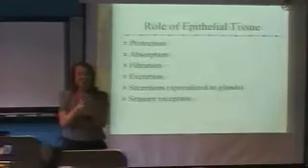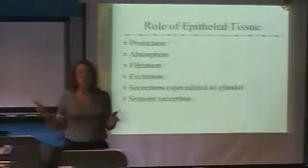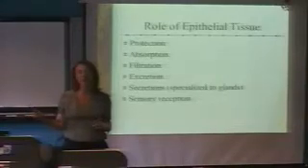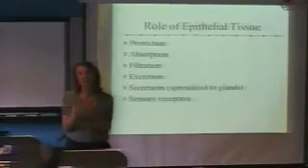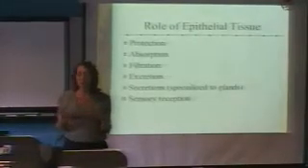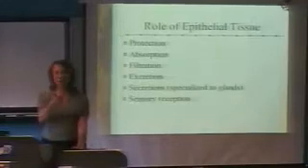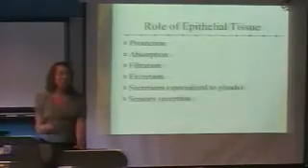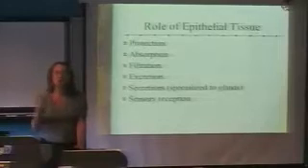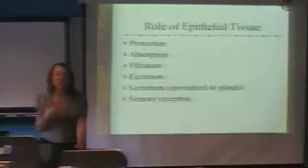It also provides, as another separate function in a different area of the body, absorption or secretion. If you think of the lining of the GI tract, its primary job is secretion or absorption of the nutrients that we eat.